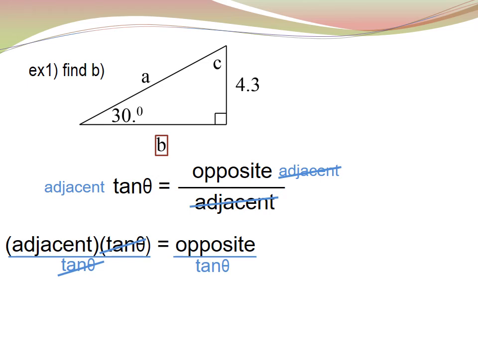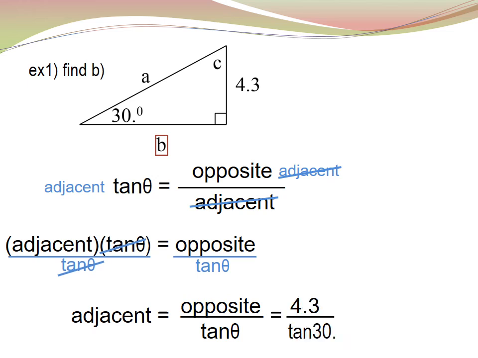I now have adjacent isolated, and it's equal to opposite divided by tan theta. So I'll substitute my numbers in, 4.3 divided by tan of 30 degrees. And that gives me 7.448, which then becomes 7.4. In the assignment, it asks you to take all angles and calculations to one decimal place.